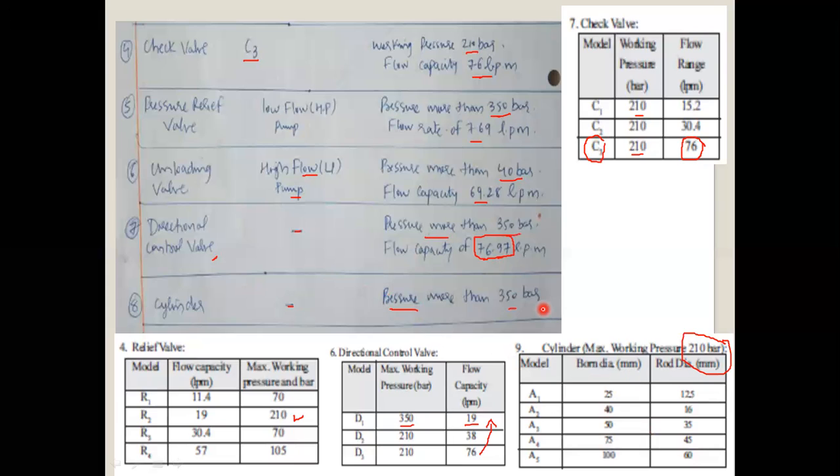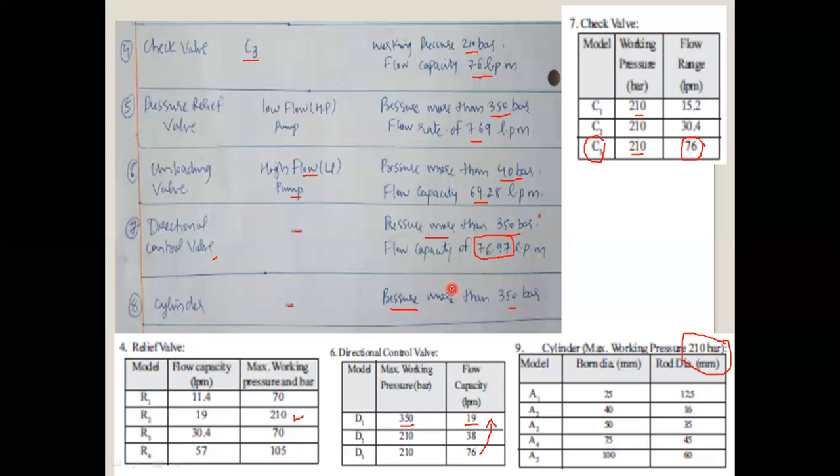So for the components whose size is not available in the catalog, write down the component and explain the values here. Like 350 bar for this DCV, and for the control valve the flow capacity will be 76.97 liters per minute.